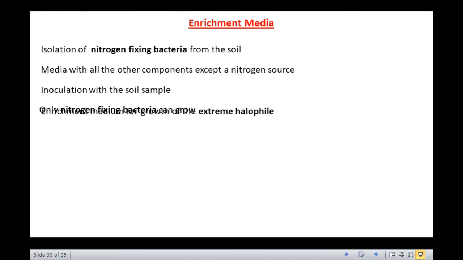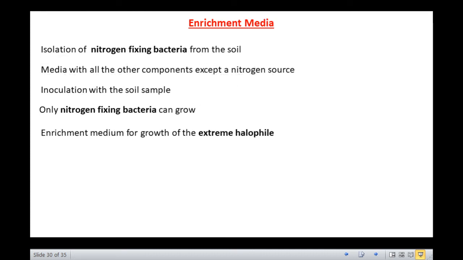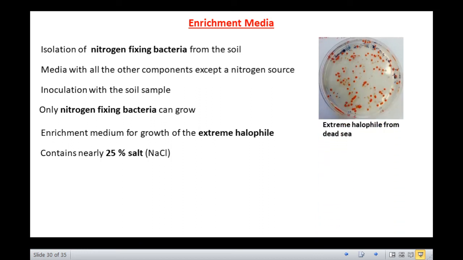A selective enrichment medium for the growth of extreme halophile, like that of Halococcus, contains nearly 25% salt, which is required by the extreme halophile and which inhibits the growth of all other organisms. The picture here shows an extreme halophile isolated from the Dead Sea.